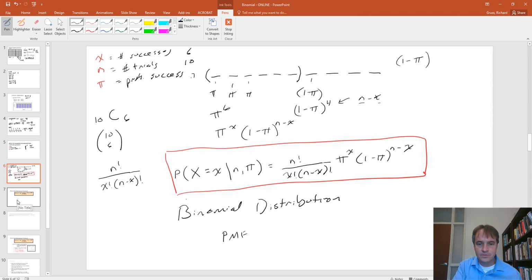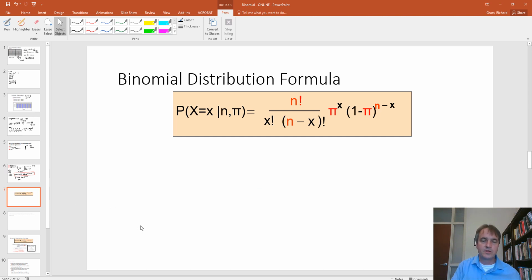Okay, but just to show you what it looks like. So on the slides and in your book, it presents it to you this way. And so now this shouldn't seem terribly intimidating. So then we got our random variable, our particular value. This was our number of trials, our probability of success. This is our conditional probability notation.